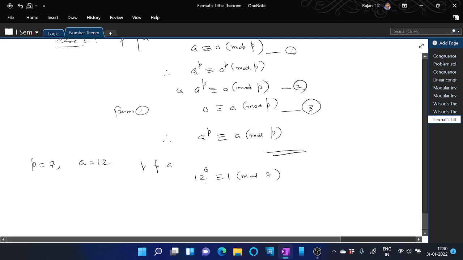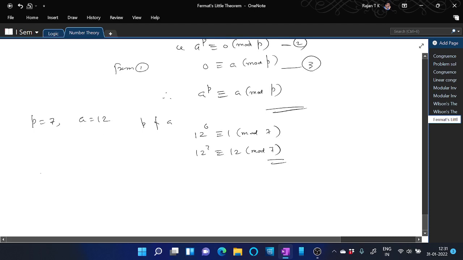Multiplying by 12 on both sides, we get 12 raised to 7 is congruent to 12 mod 7. A raised to P congruent to A mod P. 12 raised to 7 is congruent to 12 mod 7.